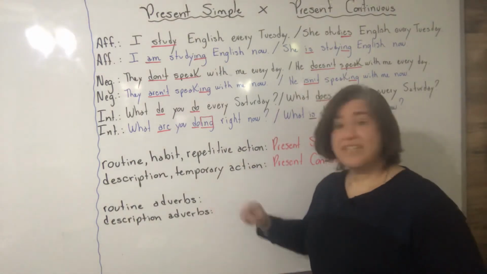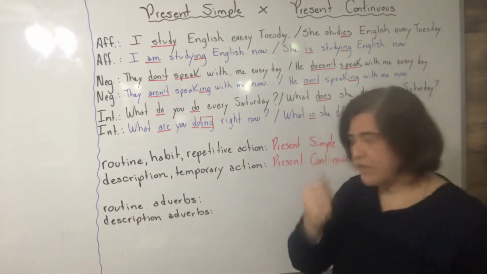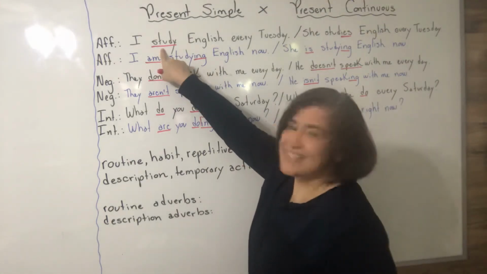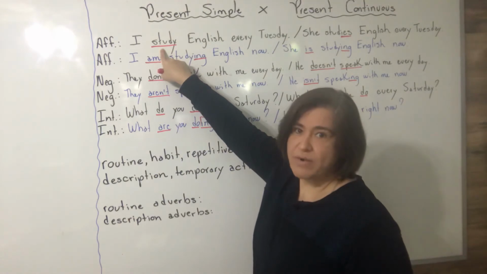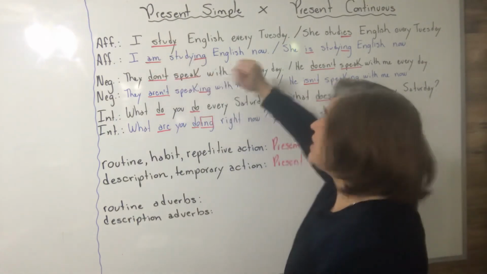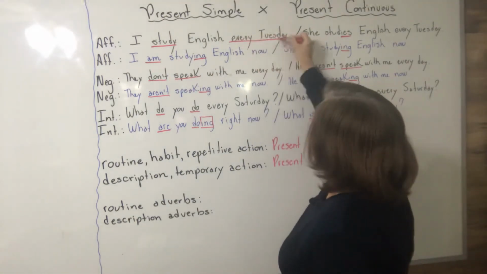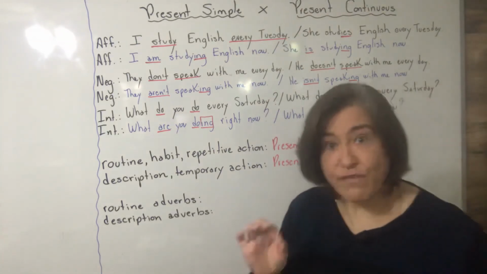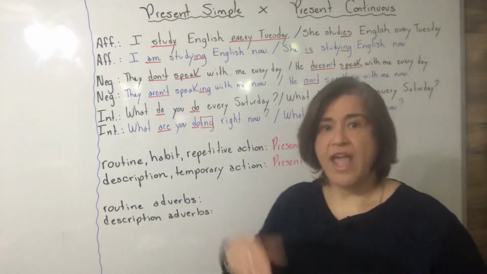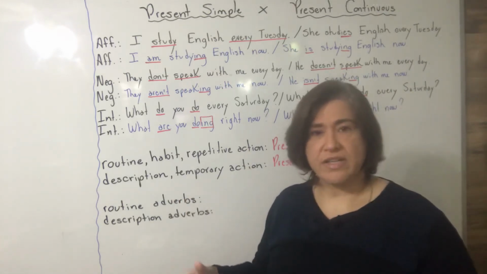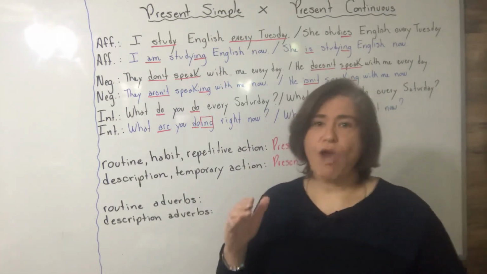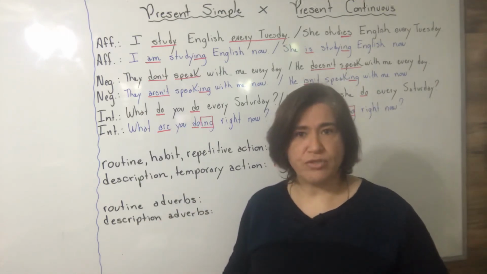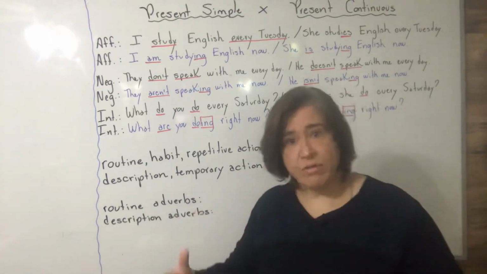So, routine adverbs. Look, every time the sentence is in simple present or present simple, we have an adverb to emphasize the routine. Every Thursday indicates a routine. I always speak English with my students. Always, a routine.